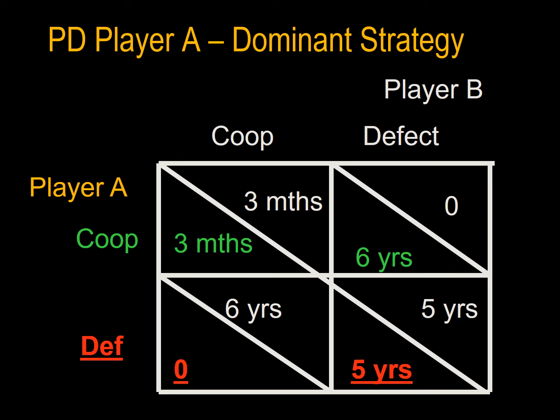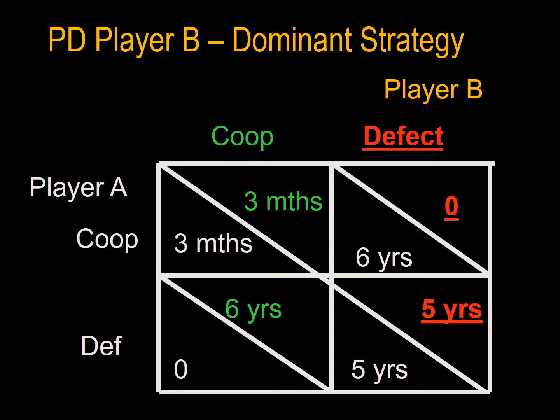So which is the better choice for player A? 6 years in jail or 5 years in jail? Well, player A wants to minimize their time in jail, so player A is going to choose 5 years over 6 years. So in both cells, defection is superior than cooperation, because 0 time in jail is better than 3 months in jail, and 5 years in jail is better than 6 years in jail, so player A will choose to defect.